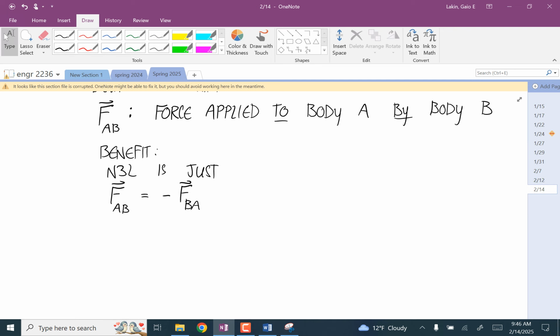Okay, so the next thing we're going to get into is forces. Let's just do two forces with known directions.